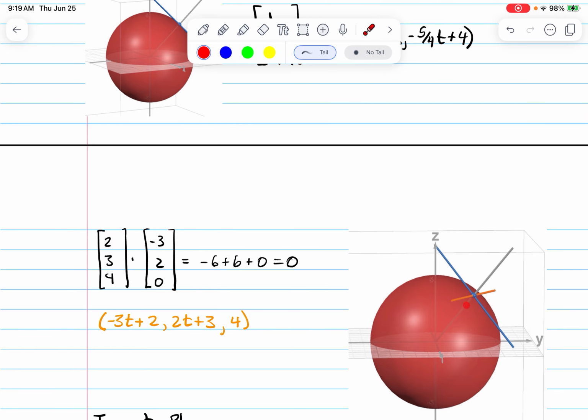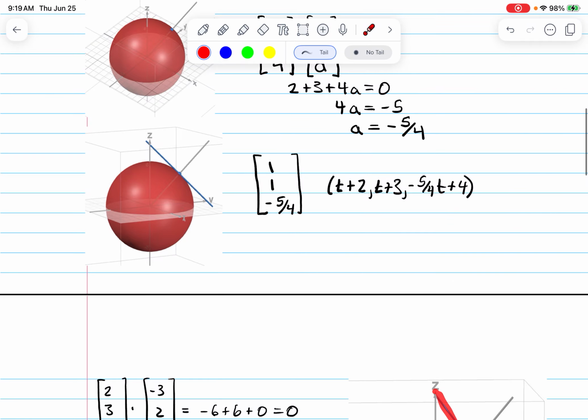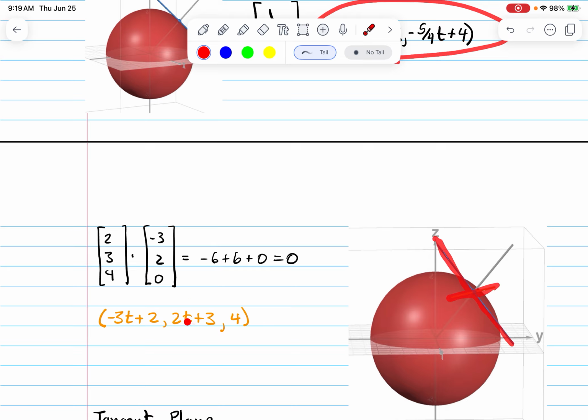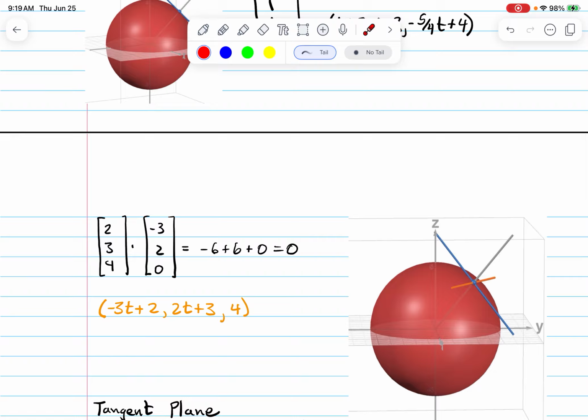Now this one right here is this orange one. Notice both of those are tangent at that point. The blue one, which is what we did earlier, this one up here, and then the orange one is right here. These are tangents. They're both tangents to the sphere at that point. Now notice all I did, dig what I did here now.